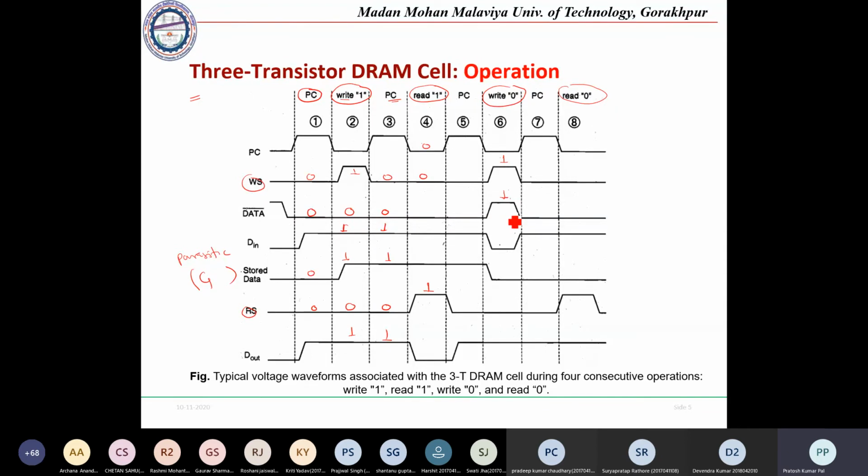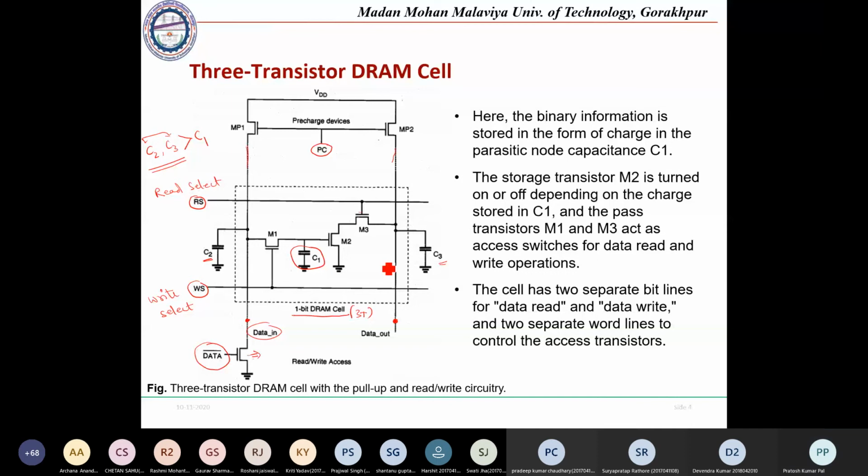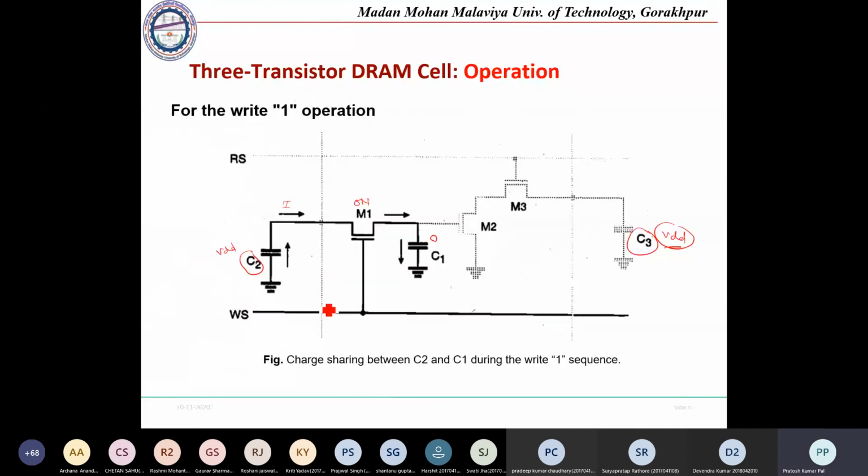So at this time data bar is equal to 1. Initially this line will be driven by data bar. If this transistor is on, that means it will be going to 0, so this is connected to a logic 0.